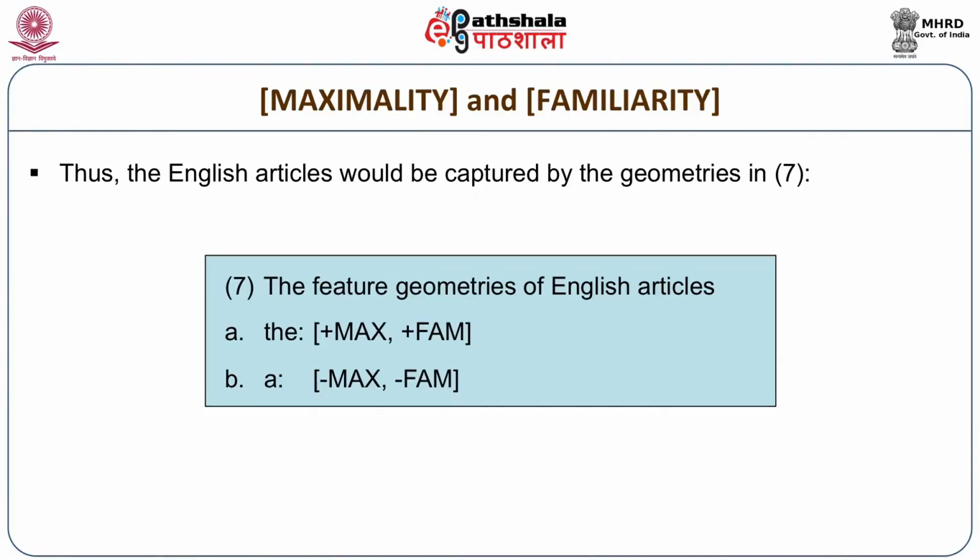Making the usual assumption that the features bundle together into feature geometries, the English articles could be captured by the following geometries. The's features are plus maximal and plus familiar. A's features are minus maximal and minus familiar.